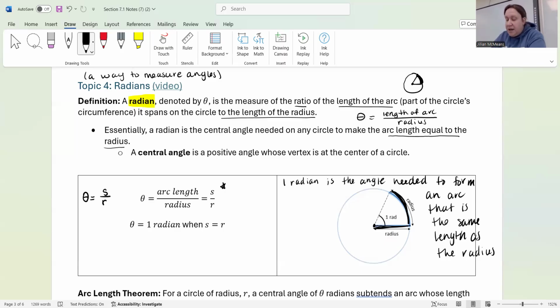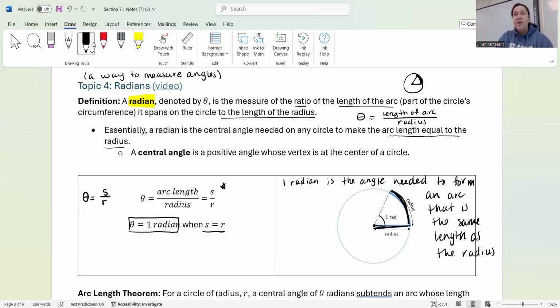We know that we get exactly 1 radian when the arc length s is exactly equal to r. That makes sense because when we divide some number by exactly itself, we just get 1. So when the arc length is exactly equal to the radius, we get 1 radian.